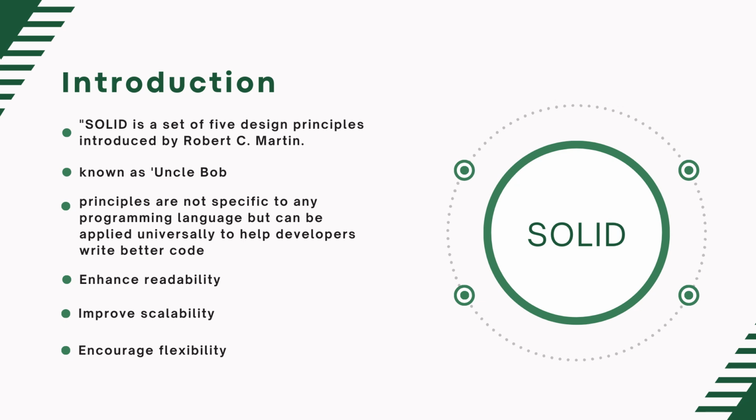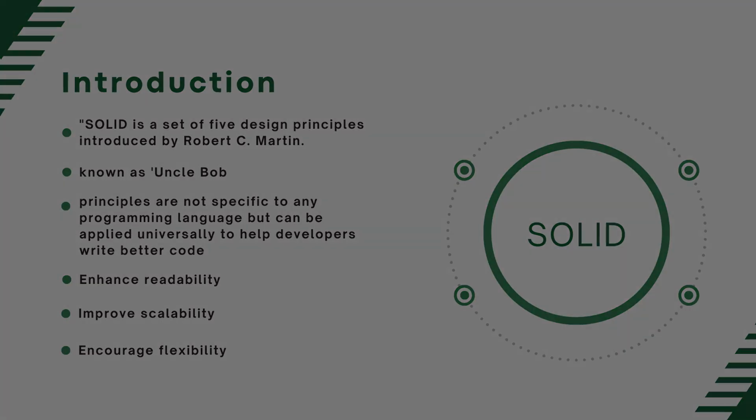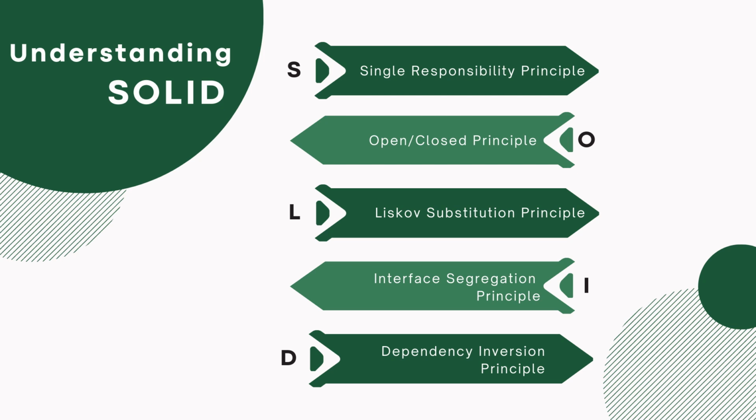So let's break down what SOLID means, starting with its acronym. The term SOLID is an acronym where each letter represents a key design principle. S stands for Single Responsibility Principle. O stands for Open-Closed Principle. L stands for Liskov Substitution Principle.